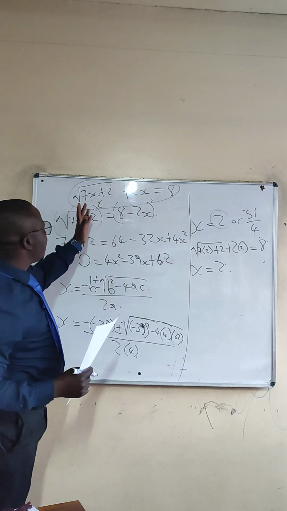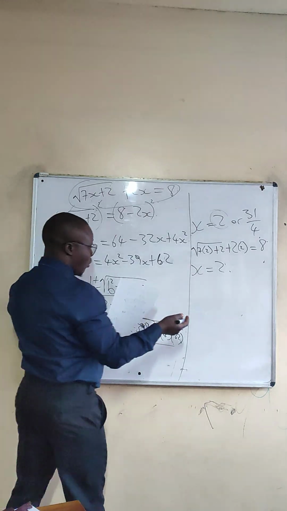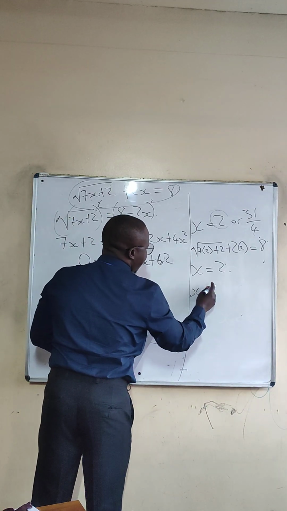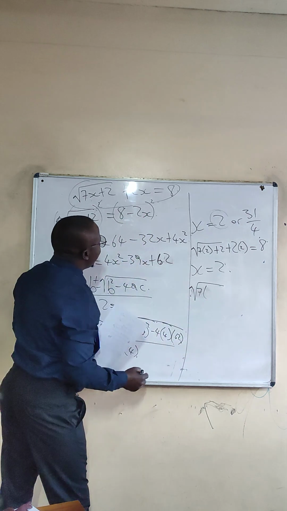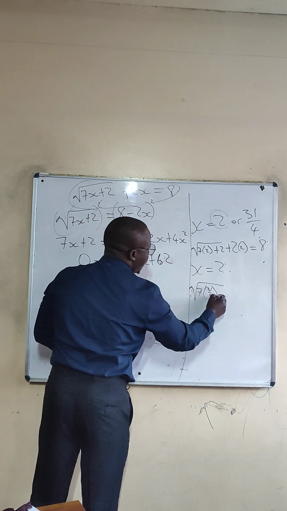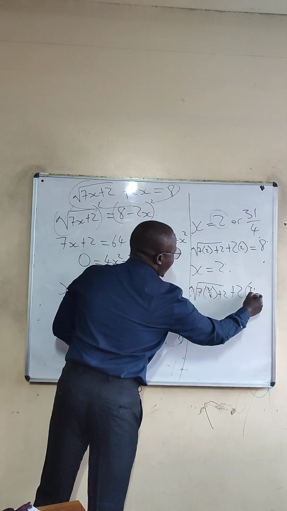Then we have to test also the other value, 31 over 4. If we test that one, we are going to have a square root with 7, and our x becoming 31 over 4, then plus 2 bracket 31 over 4.